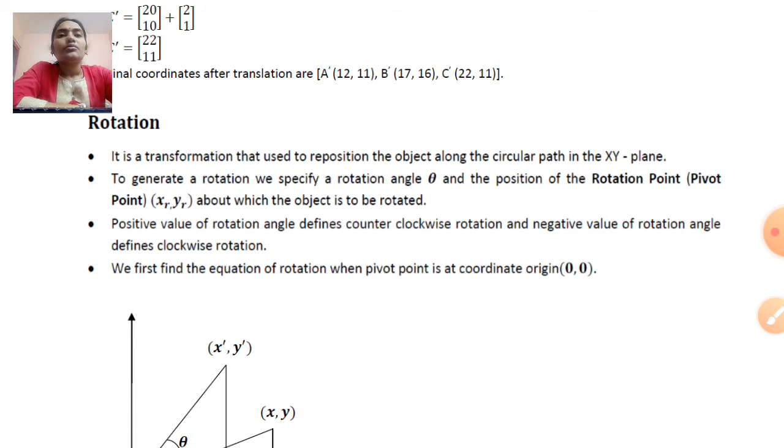A positive value of the rotation angle defines counterclockwise rotation and a negative value defines clockwise rotation. We first find the equation of rotation when the pivot point is at the coordinate origin 0, 0, that means x, y both are 0.